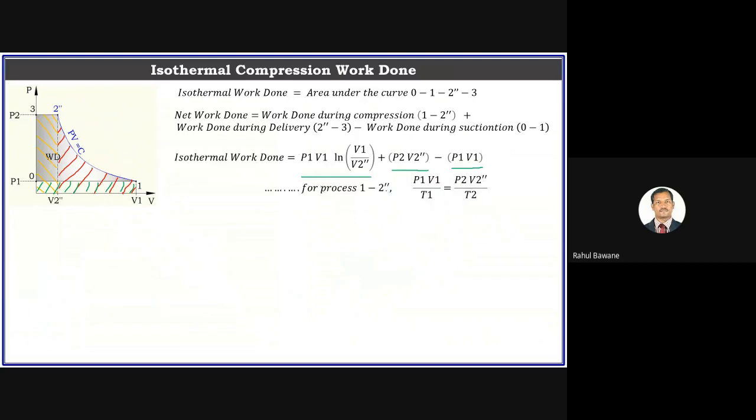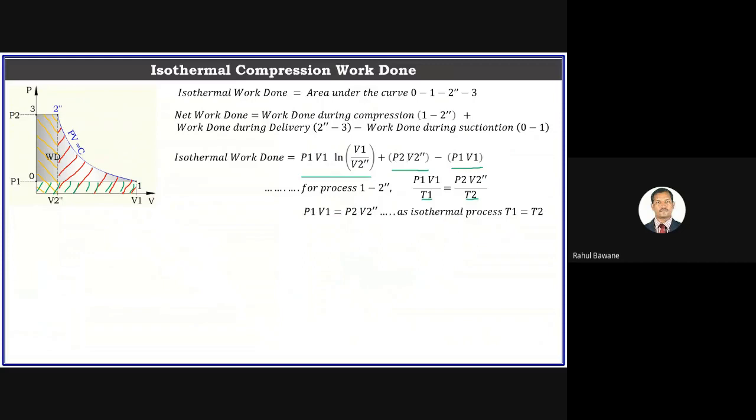Now for process 1 to 2 double dash, we know that the general gas equation is P1 V1 upon T1 must be equal to P2 V2 double dash upon T2. For an isothermal process, T1 must be equal to T2. If both are the same, that means P1 V1 must be equal to P2 V2 double dash.